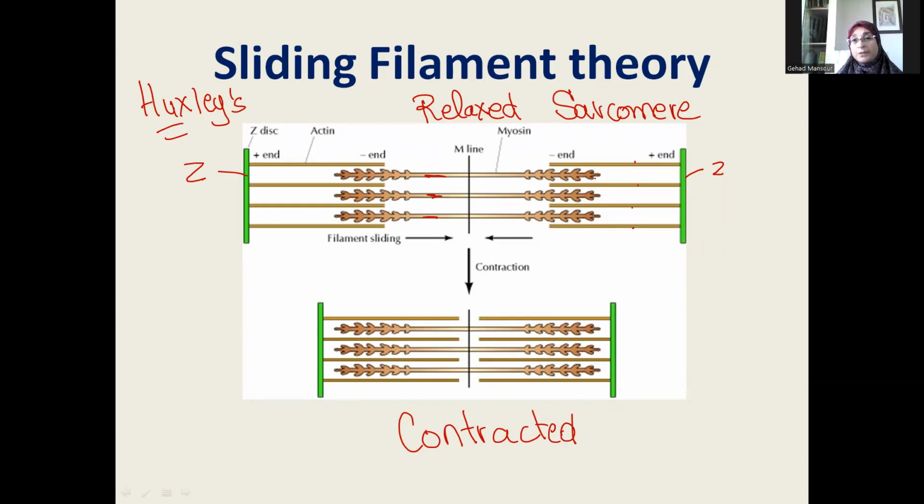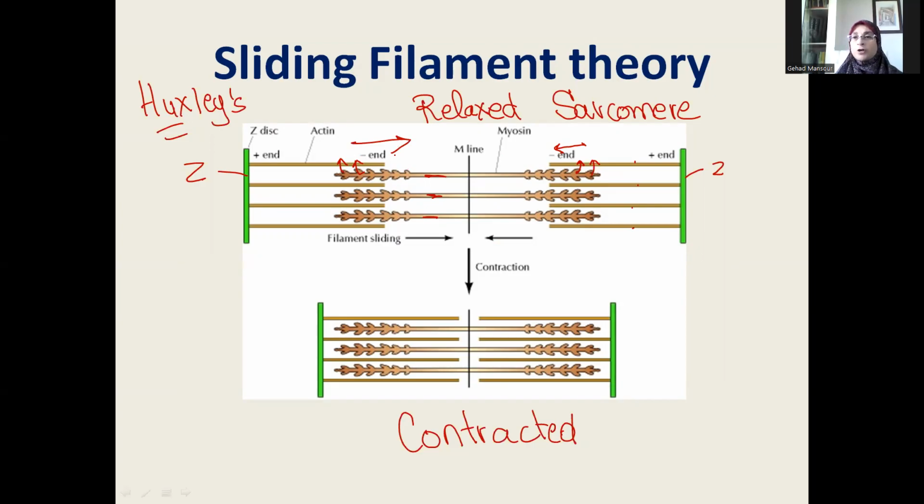So what happens actually is that the myosin heads anchor themselves to the actin filaments, and then they start striking them, giving them strokes, in order to pull them towards the center.